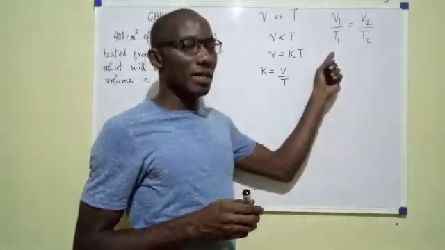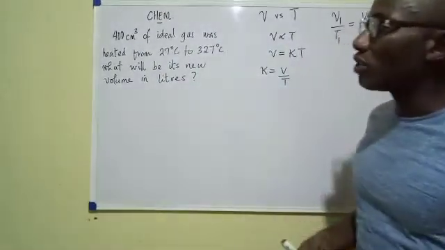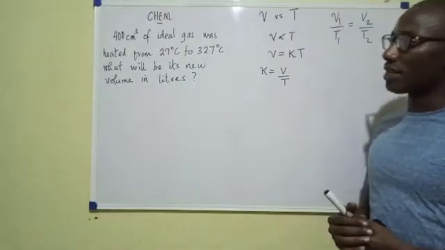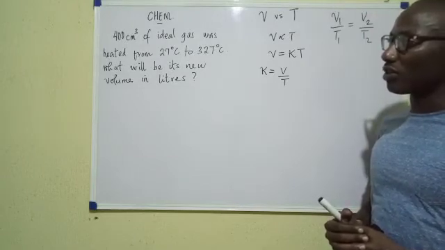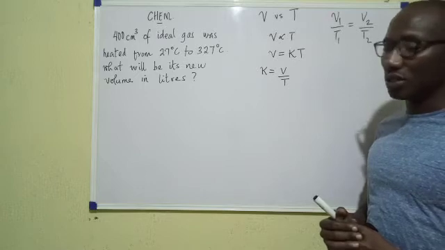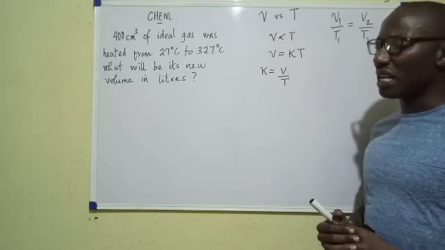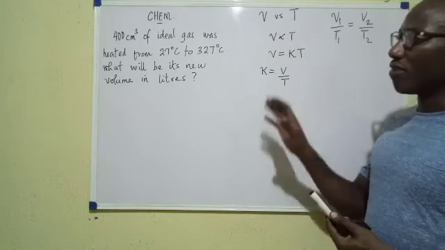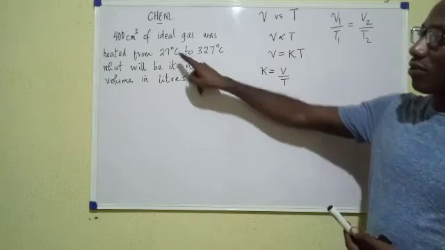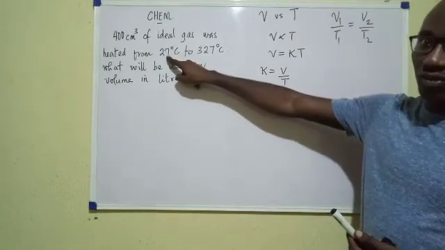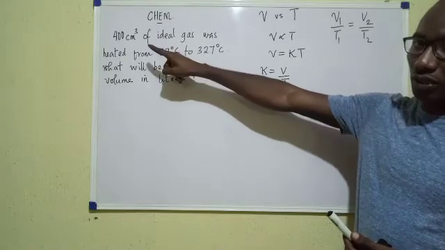Now, to apply that, here's a sample question for us. It says 400 cm³ of an ideal gas was heated from 27 degrees Celsius to 327 degrees Celsius. What will be its new volume, this time in liters? Now, a fair understanding of this question tells us that as of when the temperature was 27 degrees Celsius, the volume of gas present was 400.